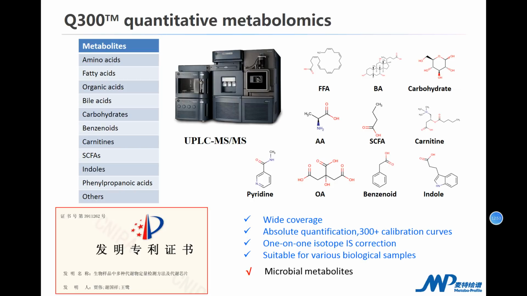This Q300 quantitative metabolomics has minimal cross-platform variability, improved robustness, and maintains a global metabolic profile with far more detailed information. The invention patent has been approved in China, and the methodology paper of this technique is still being submitted.